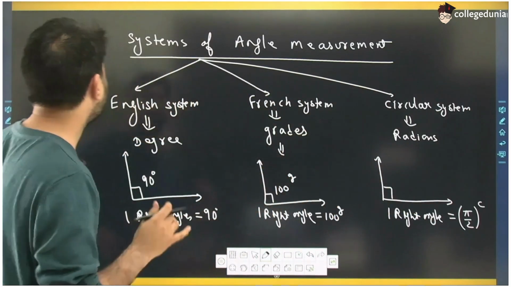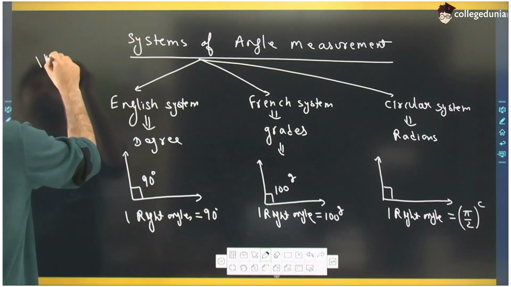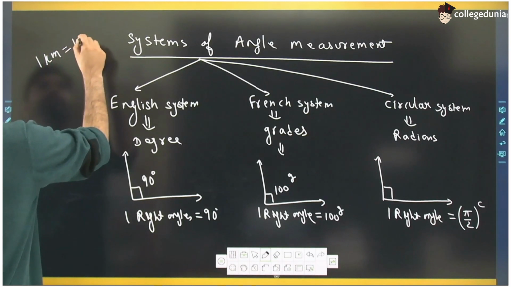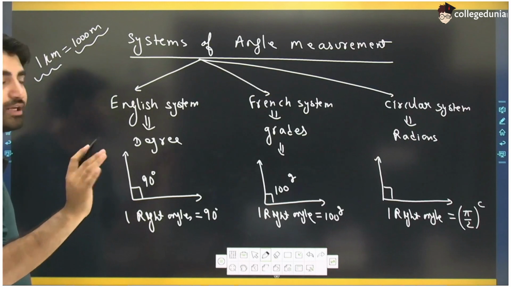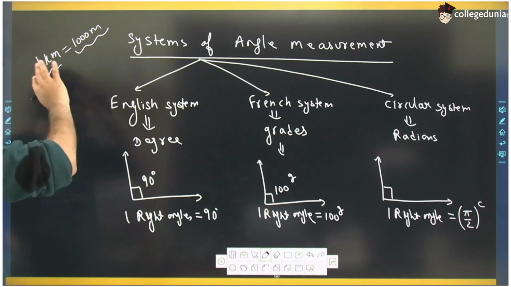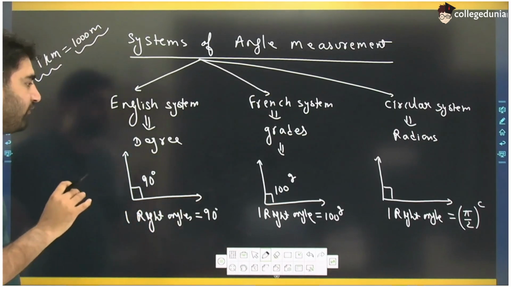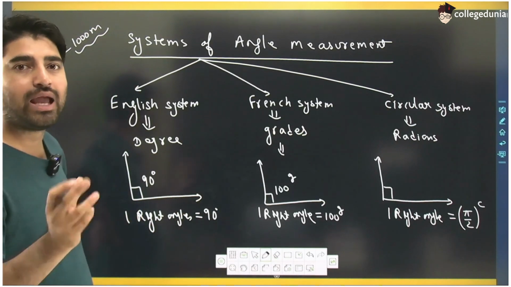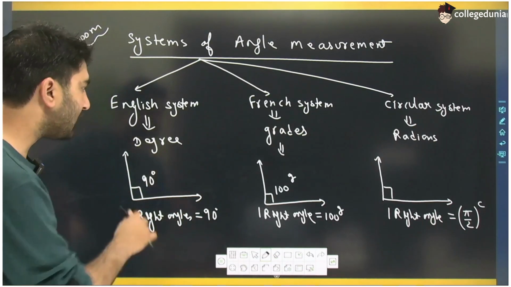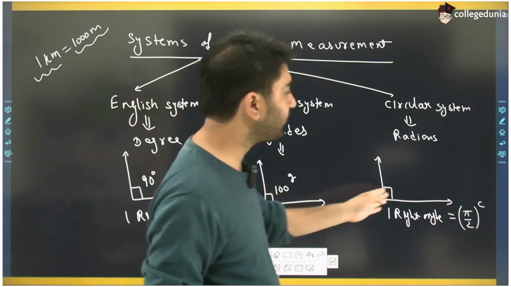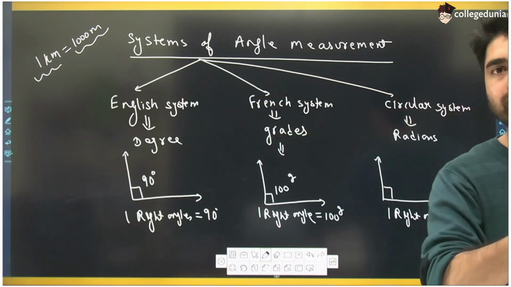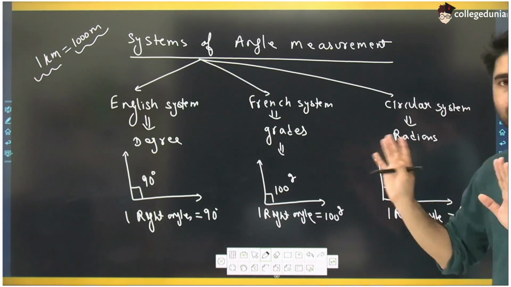It is just like 1 kilometer can be written as 1000 meter. Both the distances are same, but they are in different units. So it doesn't matter in which unit the angles are being measured. They will be representing the same thing. Okay, 90, 100 grades and pi by 2.